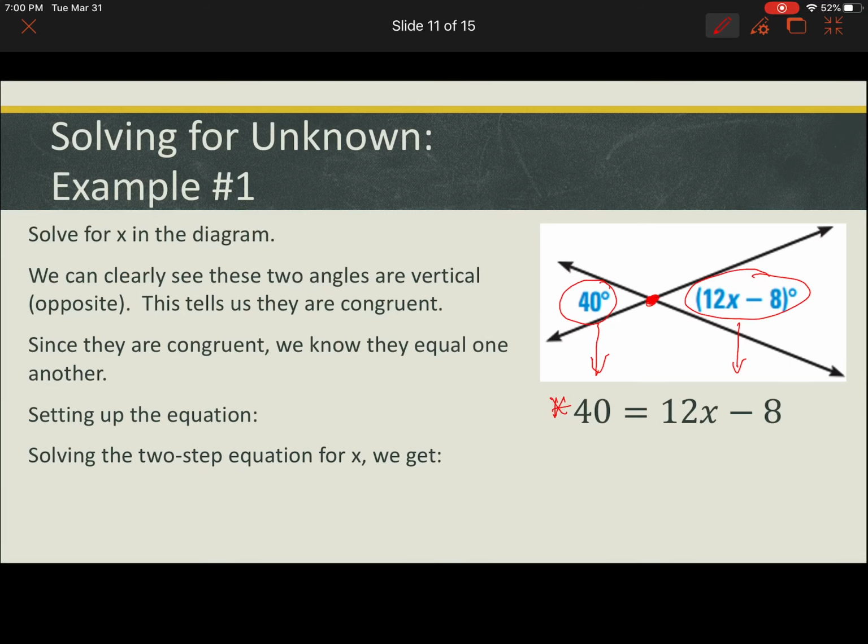Now we've done this in the past, but you have to get used to it again. Okay? So we're going to add 8 to each side. Those cancel out, and we have 48 equals 12x. We divide by 12 on both sides. Those cancel out. 48 divided by 12, and we get x equals 4.